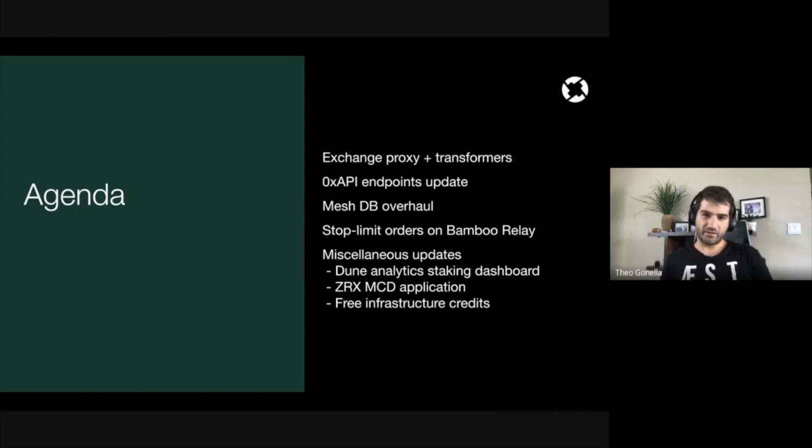Then we're going to have updates around ZRX API. Francesco is online to talk a little bit more about that. Mesh also is going through an important DB overhaul, and we have on the call Alex. And then we're going to finish up with a few updates around a new feature live now on Bamboo, and a few other updates towards the end.